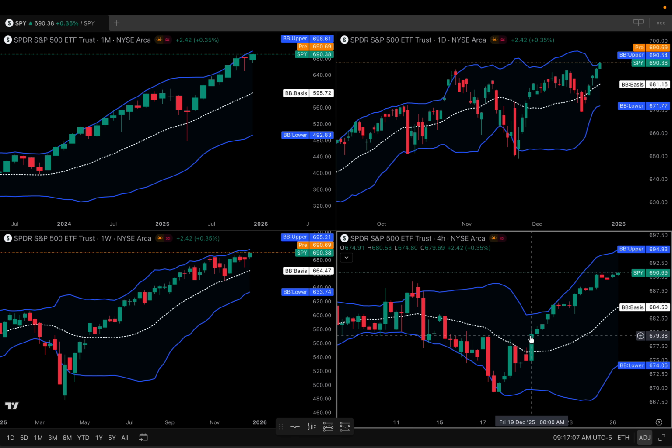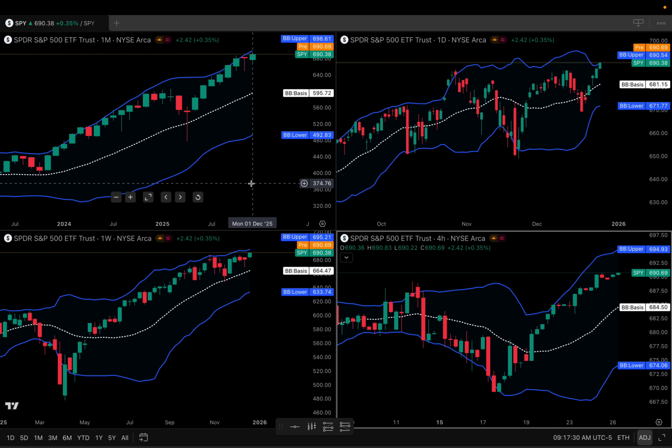Rejection means price wicks into a level, then closes back away. For example, this one here, price came down to test the basis, even pierced through, and then got rejected and went the other way. This helps me avoid traps and fakeouts.